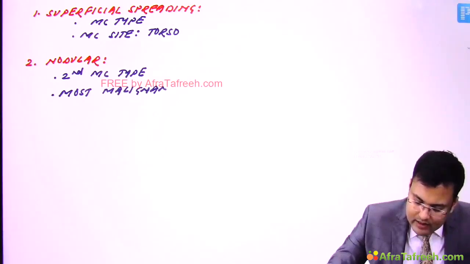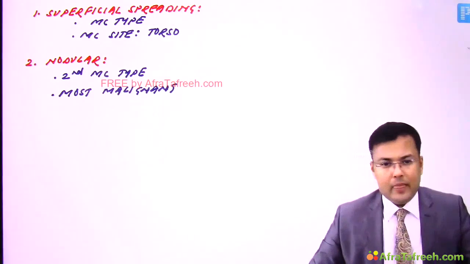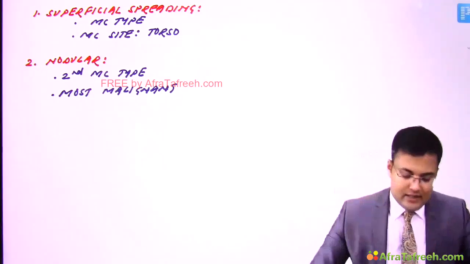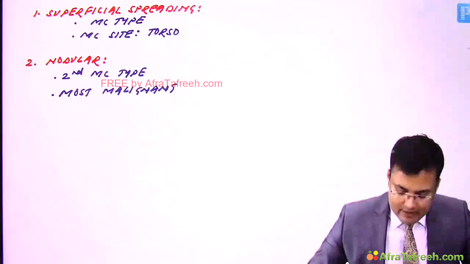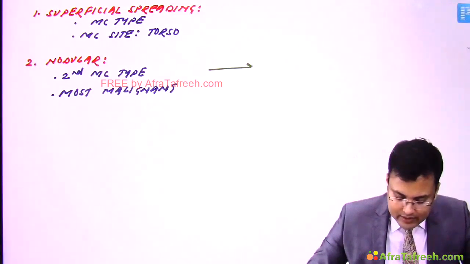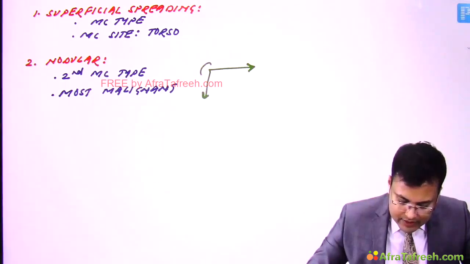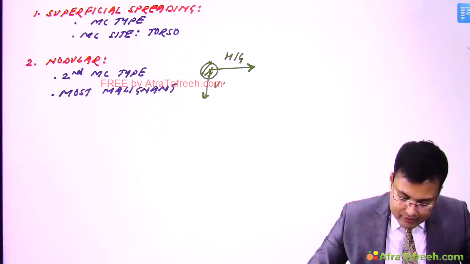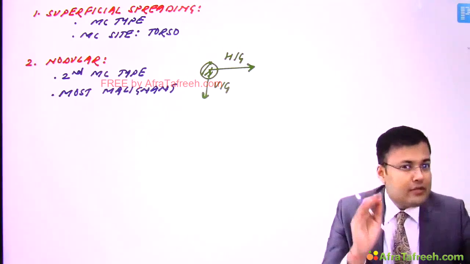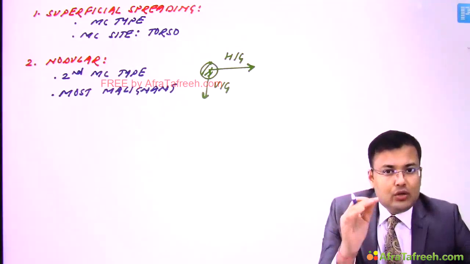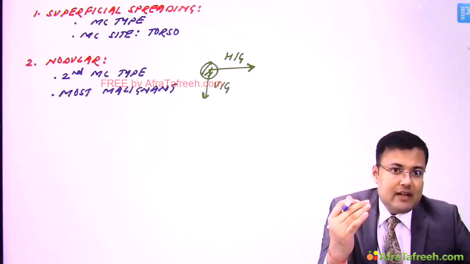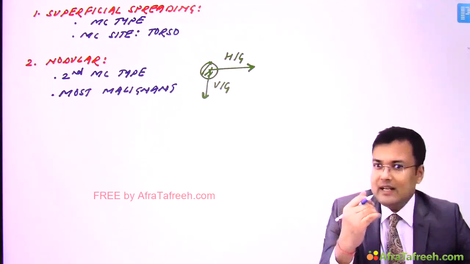Clear? Now see, it's very easy to understand. We discussed superficial spreading is spreading superficially. Generally, malignant melanoma has two kinds of growth. Can you see? There is horizontal growth and there is vertical growth. Tumors which have vertical growth are more malignant, and these tumors have increased incidence of distant metastasis.